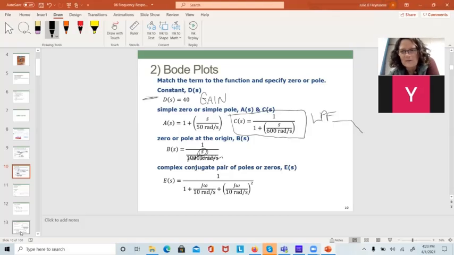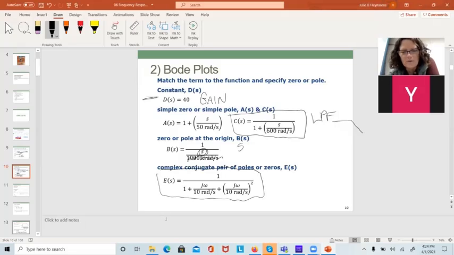This is a factor like S. And S could be in the numerator and S could be in the denominator. So I either have 1 over S, or I have S, or I have the dreaded 1 over S squared, which is never stable. I can have these complex conjugate pairs of poles or zeros.